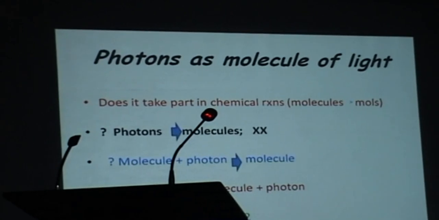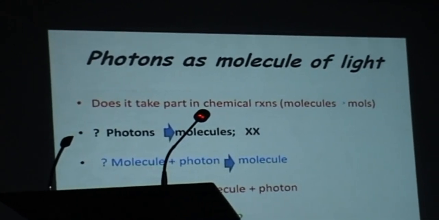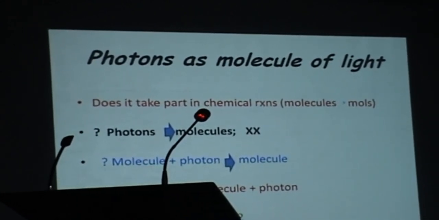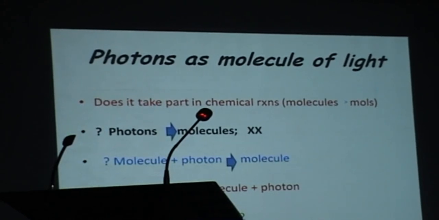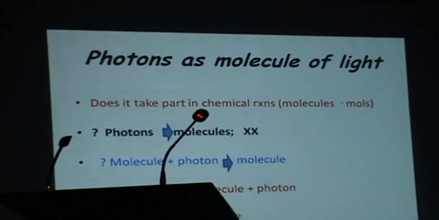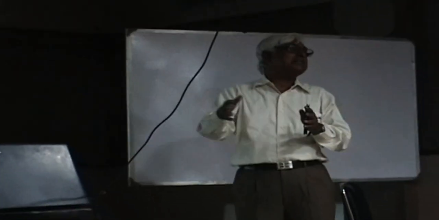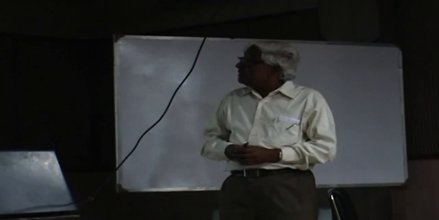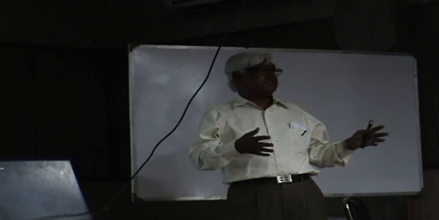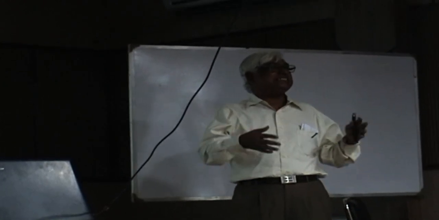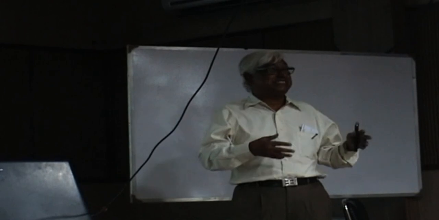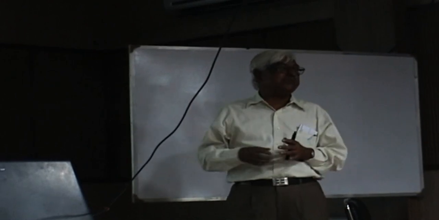Now, if we consider photons as the molecules of light, then a chemical reaction means molecule plus molecule produces molecules. A plus B produces C, where A, B, C are molecules. So does this process take place: two photons reacting or interacting chemically to give molecules?